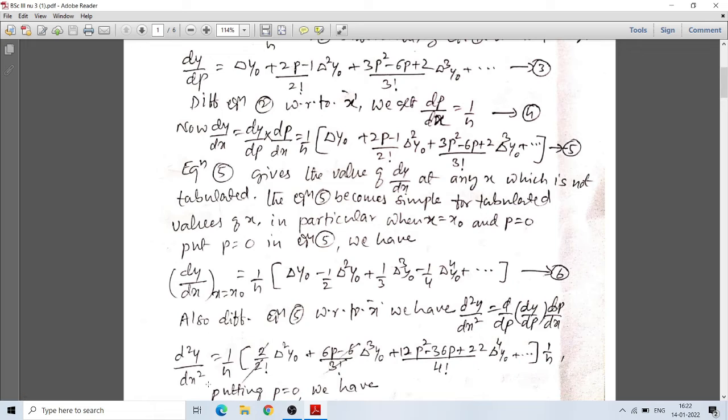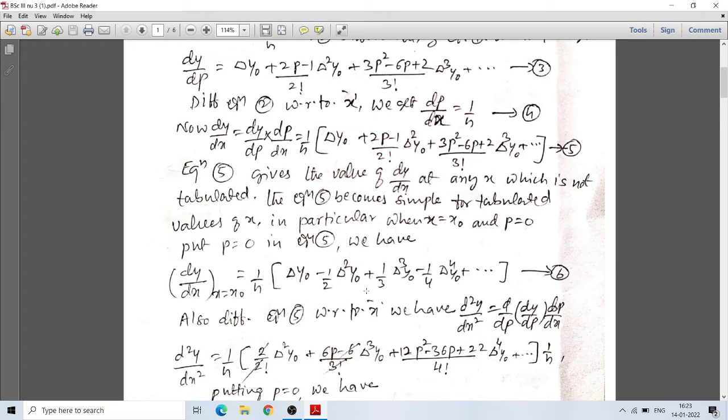Then d square y by dx square equals 1 over h times 2 by 2 factorial delta square y naught plus (6p minus 6) by 3 factorial delta cube y naught plus (12p square minus 36p plus 22) by 4 factorial delta to the power 4 y naught, into 1 over h. Here dp by dx value is 1 over h.